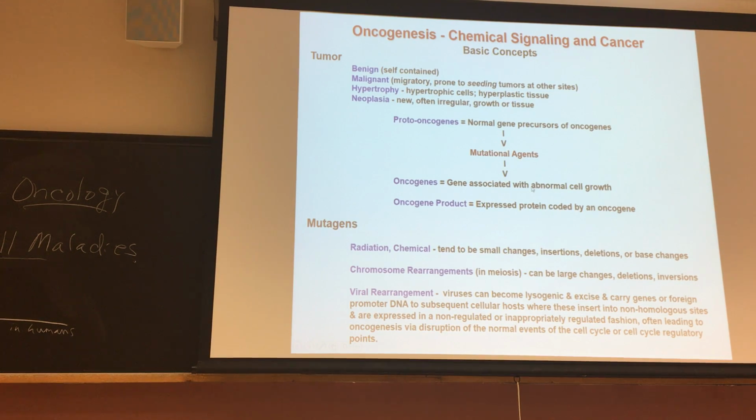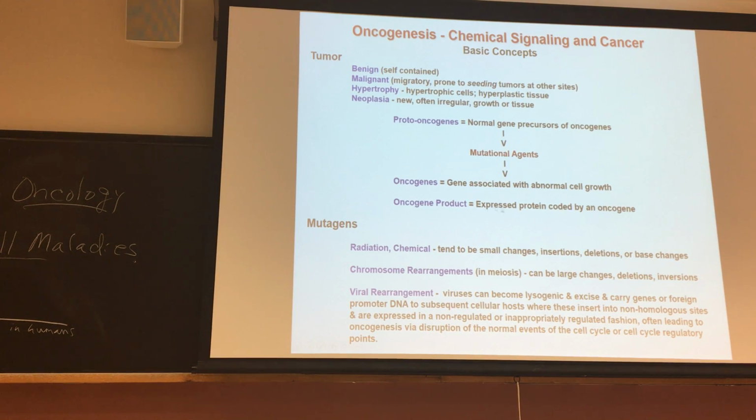That's the gene. Cells don't work on the basis of genes by themselves. They work on the basis of gene products. Those are usually proteins. As we know more and more about microRNAs, those could be lumped in here as well.